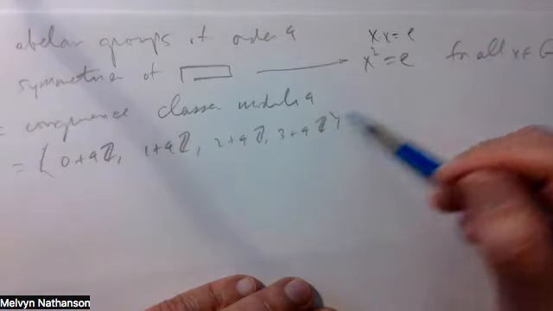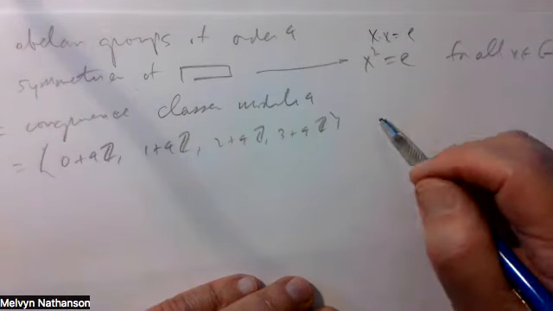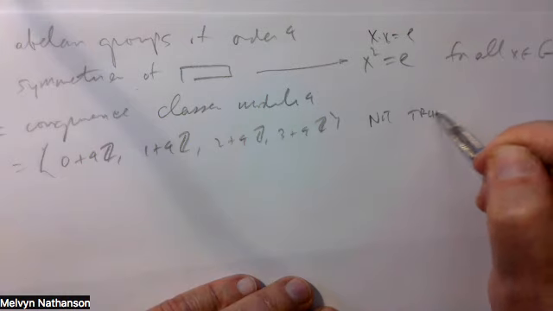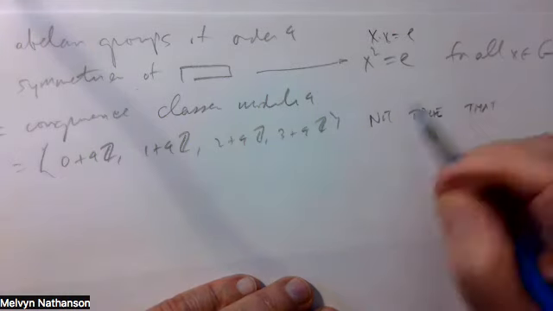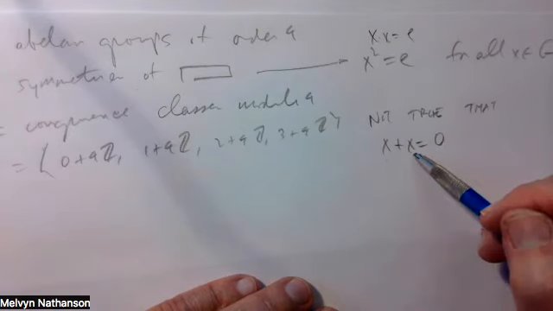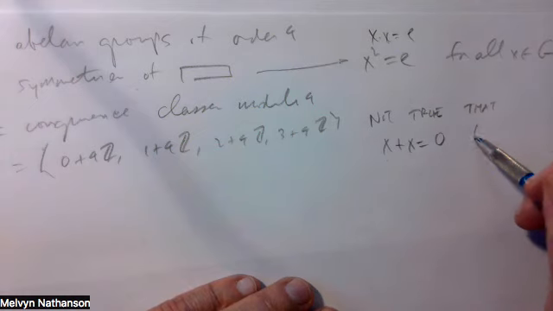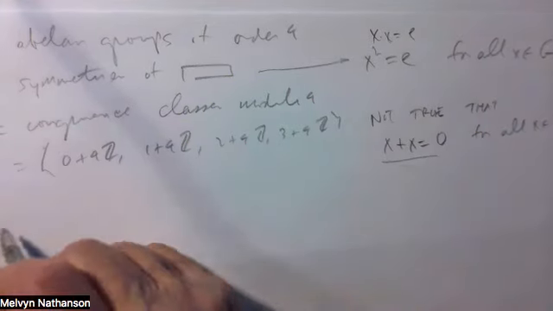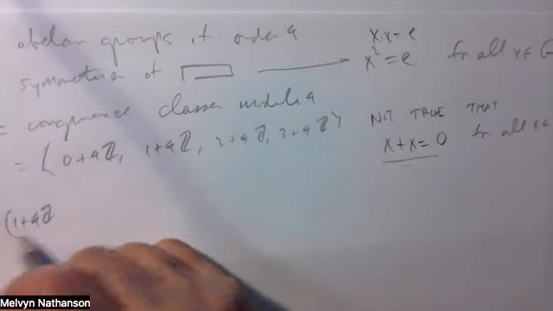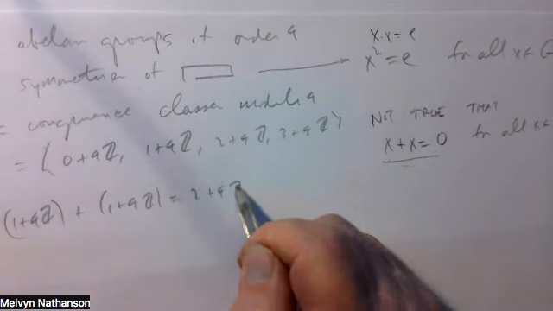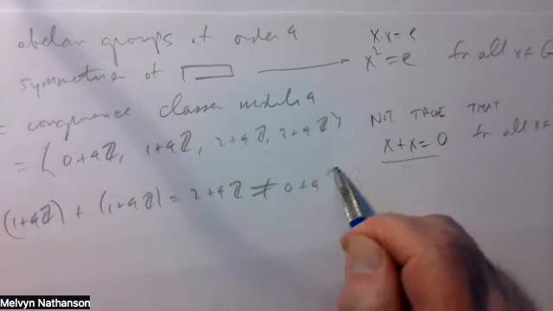But in the group of congruence classes, the equivalent statement isn't true. It is not true that X plus X equals 0. It means the congruence class of X plus the congruence class of X equals the congruence class of 0. But this is not true for all X in the group. For example, 1 plus 4Z plus 1 plus 4Z is 2 plus 4Z, which is not 0 plus 4Z.